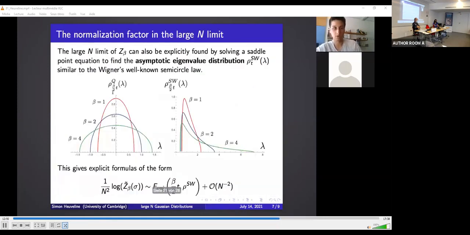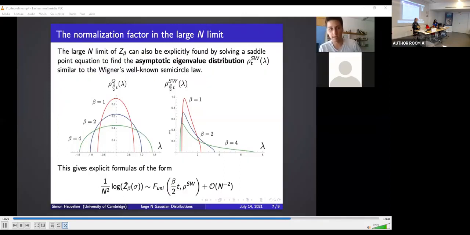There's another way to do this a bit more directly, which is related to the asymptotic eigenvalue distribution. You might have seen in the more well-known examples of random matrix theory ensembles that there's this Wigner semicircle law, which gives information about the asymptotic eigenvalue distribution. It turns out that a similar thing can be done here as well.